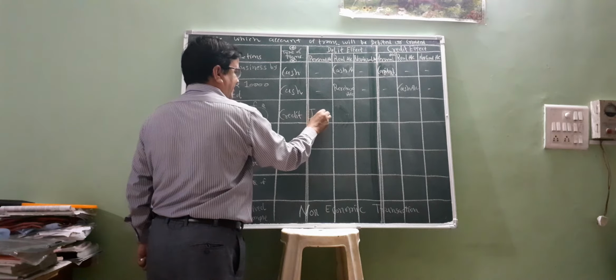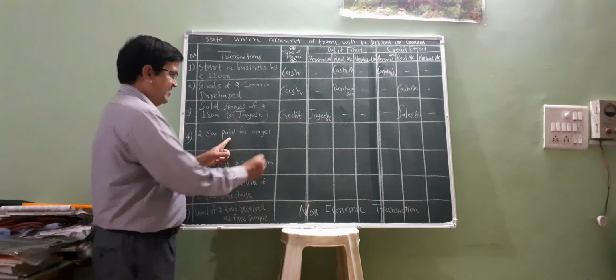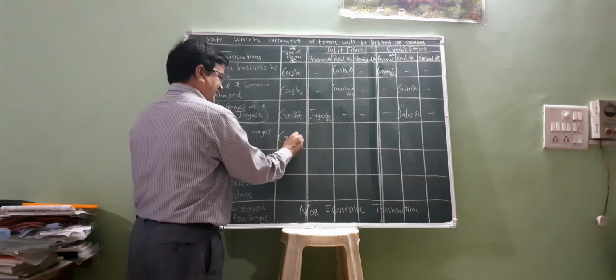Now, 500 paid for wages. The word paid is used, so cash goes out. It is a cash transaction. Cash is a real account, cash goes out, so cash account credit.